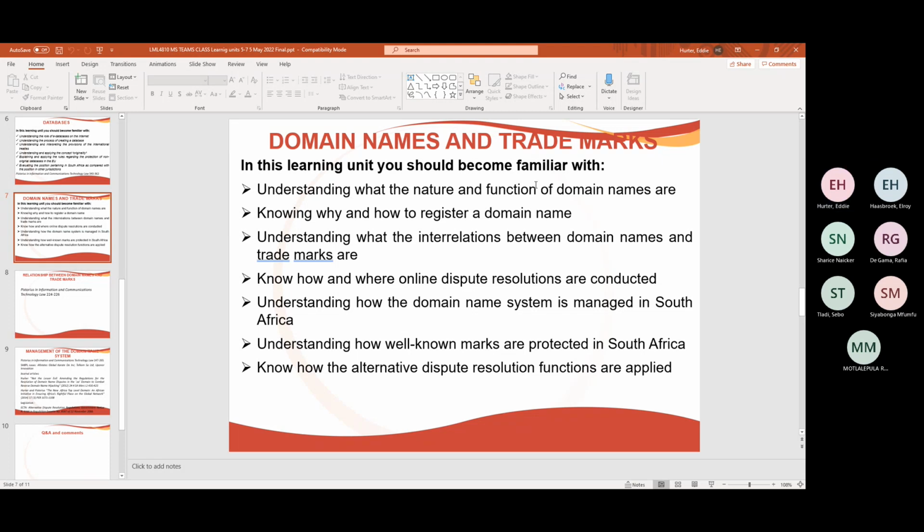They only matter within a particular jurisdiction, although they are international, but trademarks are territorial in the sense that national legislation determines whether a trademark is registered or not, and whether trademark rights may be enforced within a particular jurisdiction. So there we immediately see the head-on collision between domain names and trademarks, because they fulfill similar functions, but their origin, their levels of protection, their process of registration are totally different.